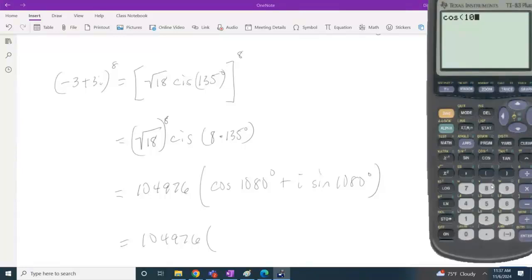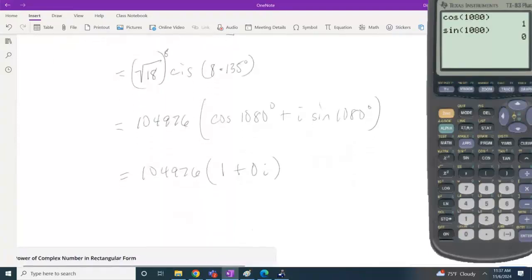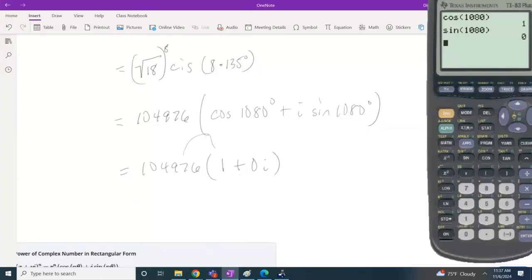The cosine of 1080 is 1, plus the sine of 1080 is 0, or 0i.